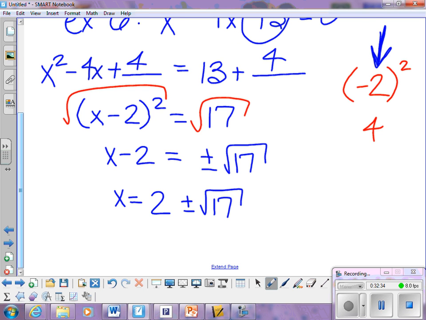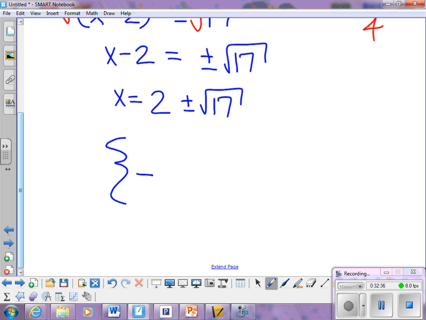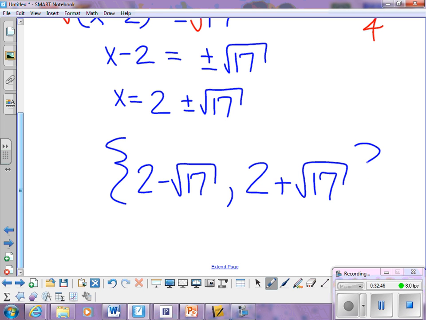So if you wrote your roots out, it would be 2 minus root 17, 2 plus root 17. There's your 2 roots. If you put 2 plus or minus the square root of 17 all in the bracket, I understand. But if you don't understand that that's 2 different numbers, I want you to split it up.